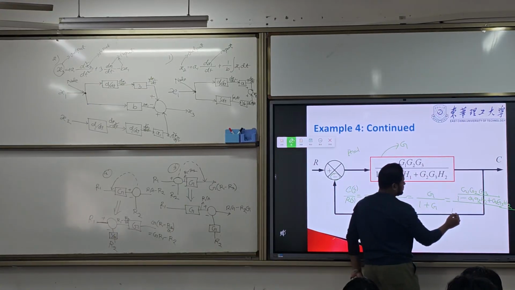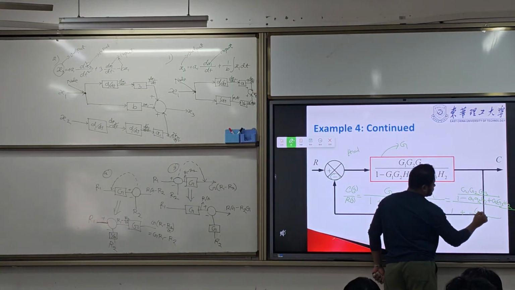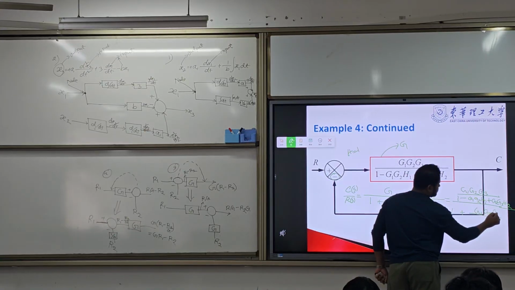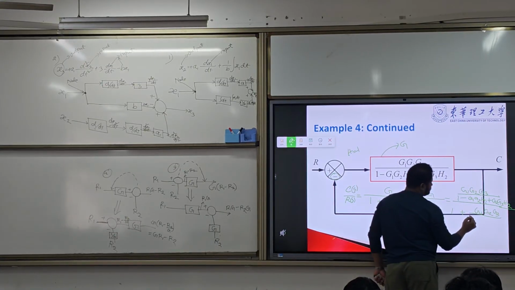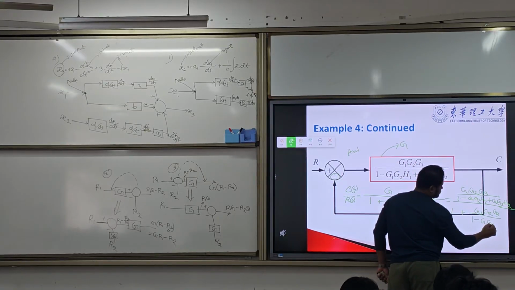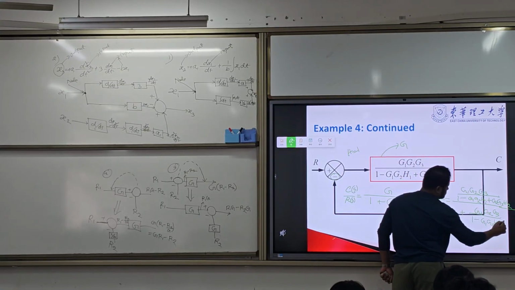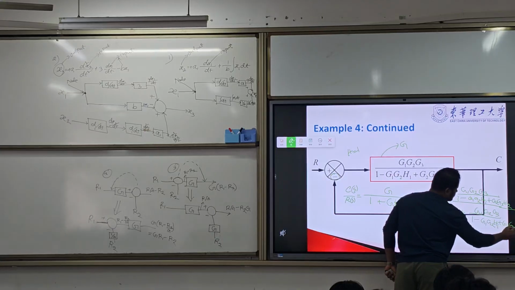So write it down again. G1 G2 G3, then 1 minus G1 G2 H1 plus G2 G3 H2.